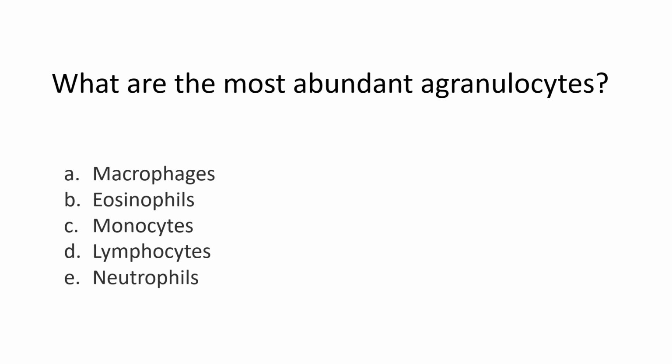So lymphocytes are the most abundant agranulocytes. Agranulocytes meaning the monocytes and the lymphocytes. Which one is the most abundant? The lymphocytes out of those two.